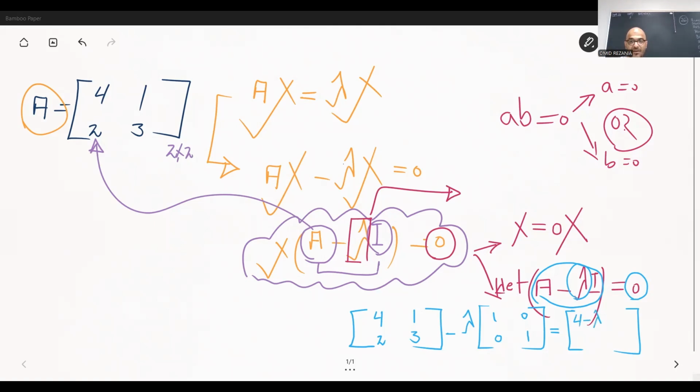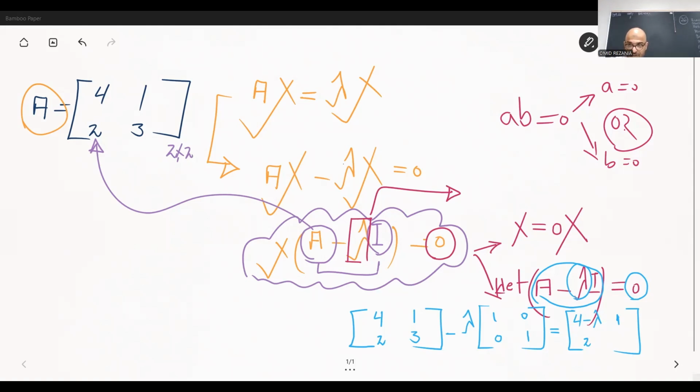I have 1 minus 0, becomes 1. 2, look at that, 2 minus lambda times 0. Lambda times 0 becomes 0. Then you have 2 minus 0, 2.